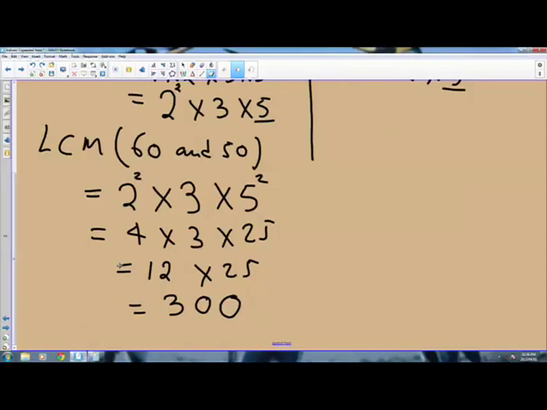And then what about the highest common factor? Because this one is the lowest common multiple of 60 and 50. What about the highest common factor of 60 and 50?